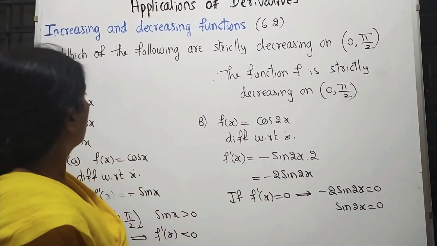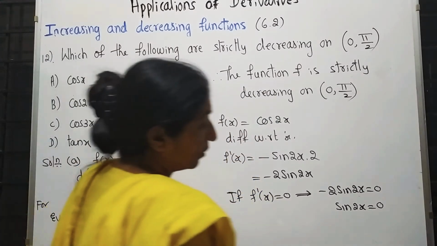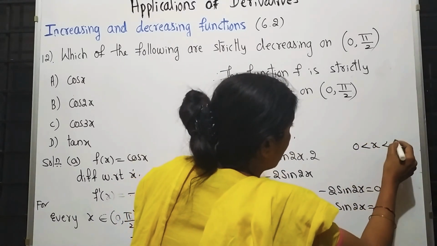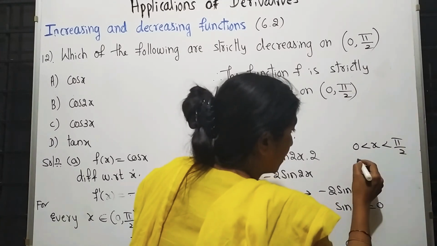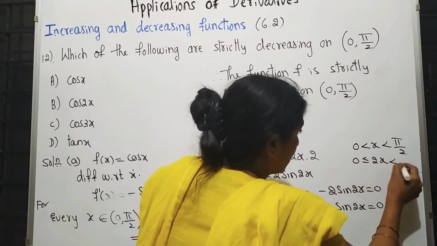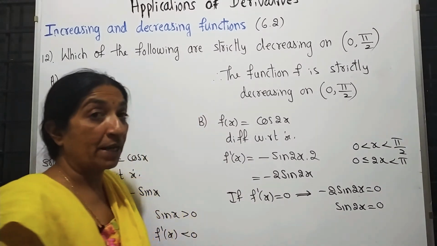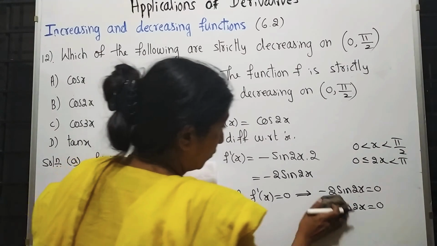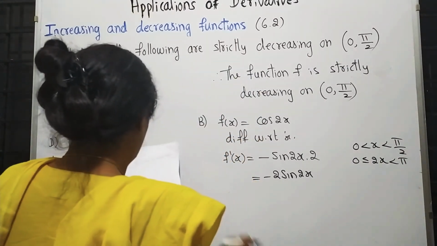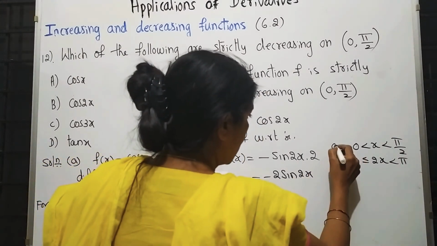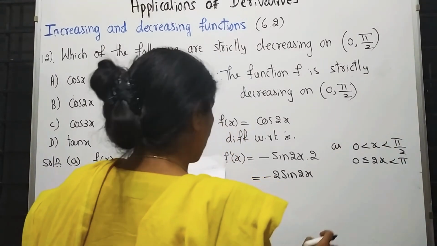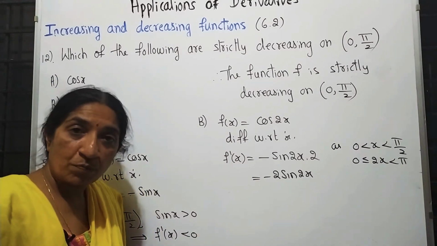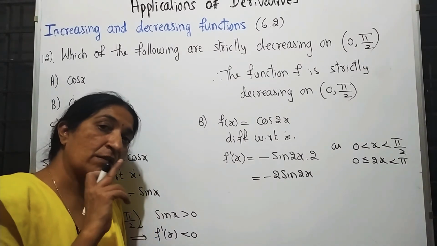And if you take 0 and in between 0 and pi by 2, see here, as x is lying between 0 to pi by 2, then 2x is lying between 0 to pi. Understood? So here we cannot equate this with 0. So write down like this. As x is lying between 0 to pi by 2, then 2x is lying between 0 to pi. What is 0 to pi? 0 to pi is the first quadrant as well as the second quadrant.